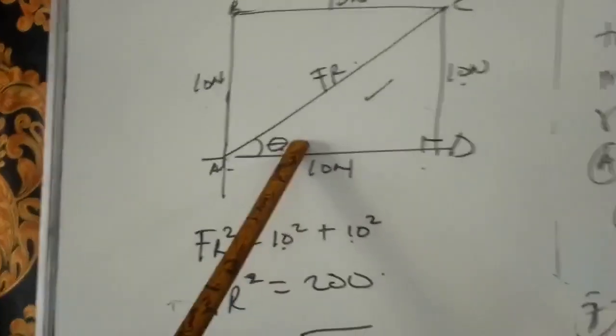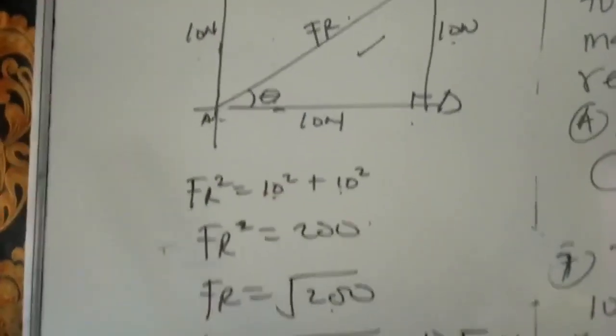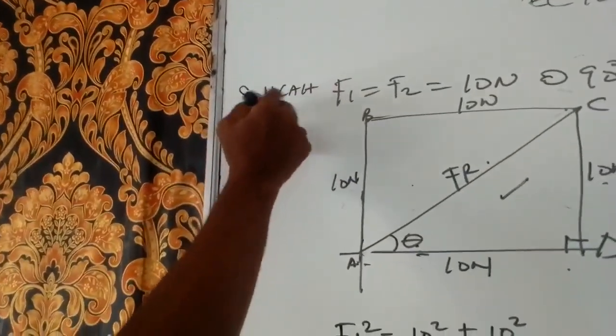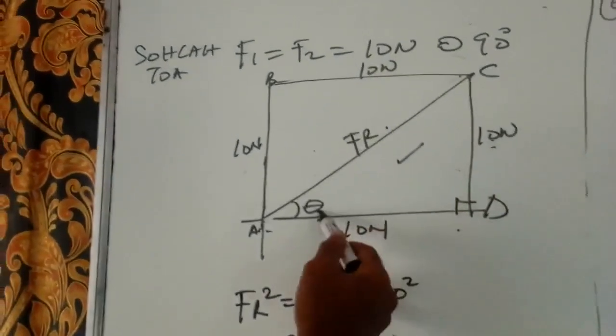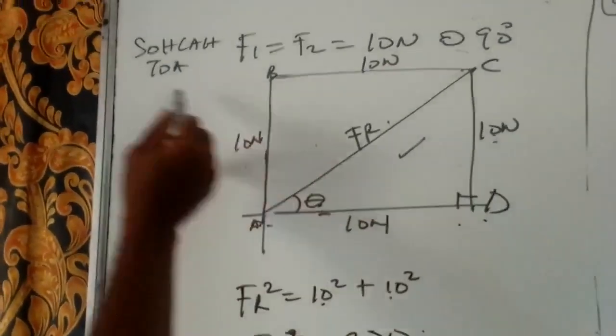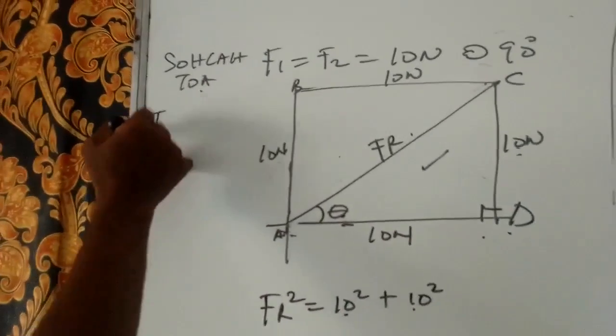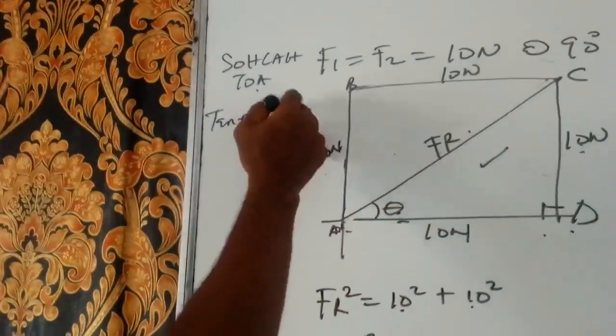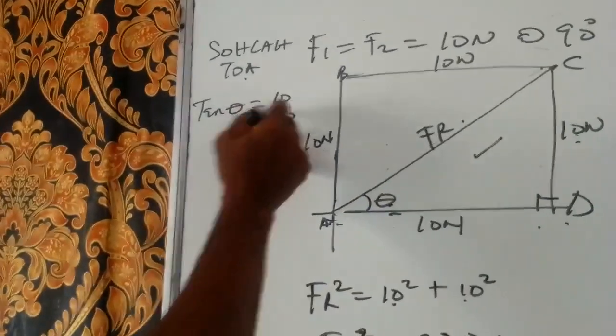To find this angle here, we apply trig ratio, that is SOHCAHTOA. The trig ratio we can apply here that will be easy for us: this is the opposite, and this is the adjacent, that is tan. So now I say tan theta equals opposite, that is 10, over adjacent, 10 over 10. That gives us 1.